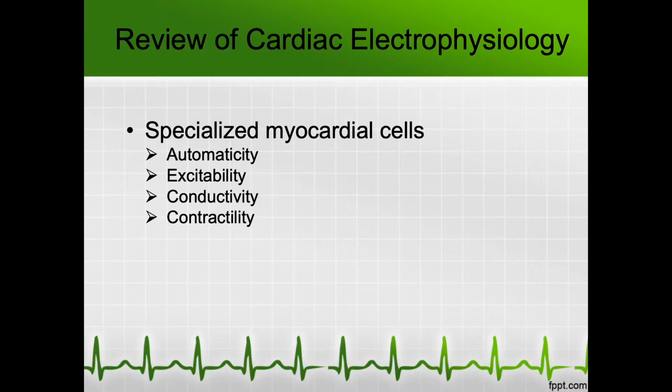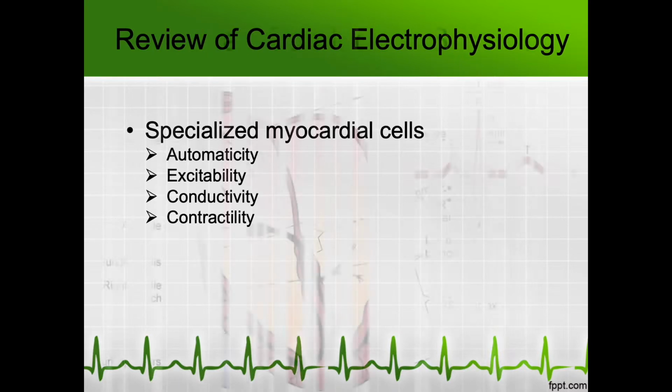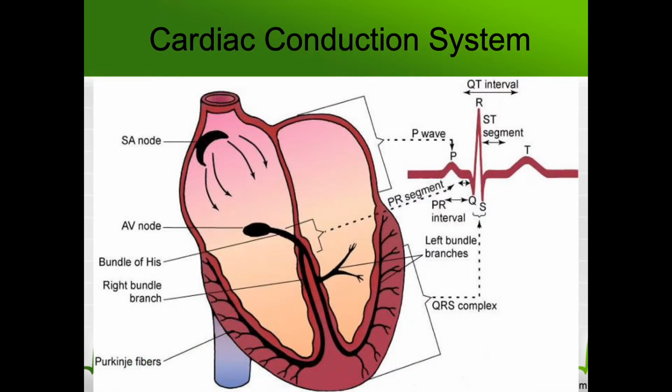Conductivity refers to the fact that these myocardial cells can move the impulse, that is, transmit the impulse through itself to another cardiac cell. And contractility is the ability of these same myocardial cells to mechanically respond to the electrical impulses.